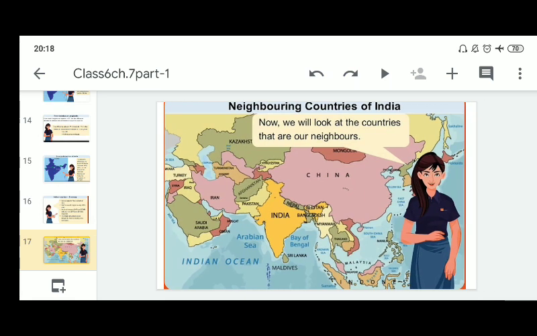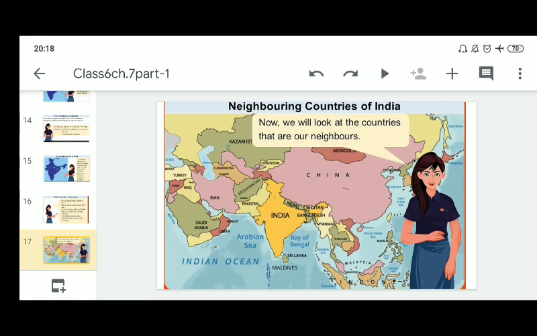Now let's learn about the countries that are our neighbors. Okay, children. So there are 7 countries that share land boundaries with India.